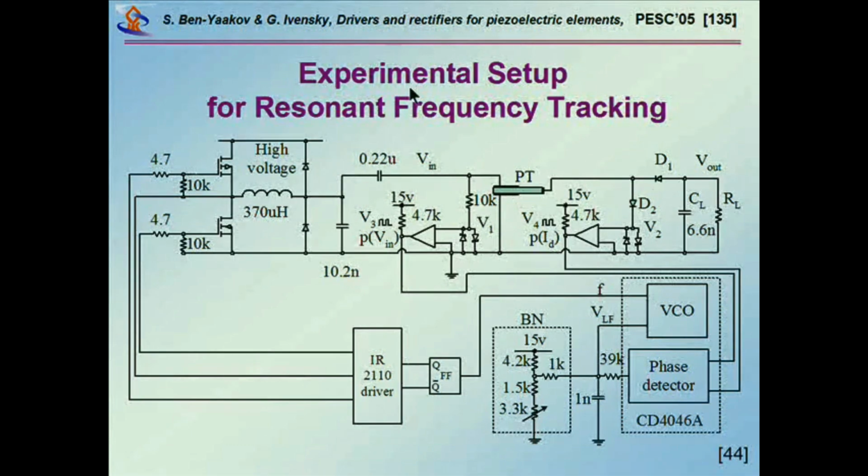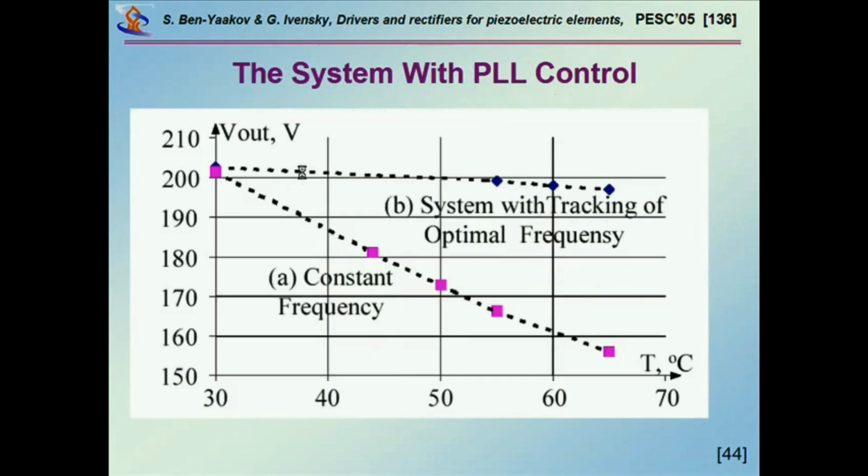And this circuit will do it automatically by measuring the current which is reflected from here, comparing it to the input, and here we have the performance of this circuit. The two curves are the output voltage, and in this case there was a change in the temperature.